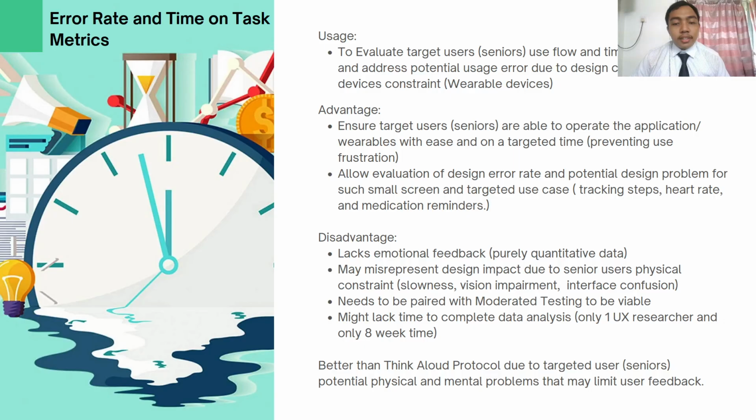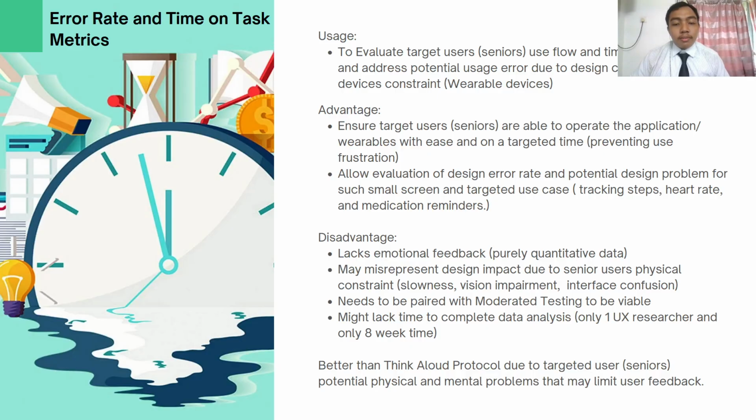The disadvantage is that it lacks emotional feedback because the data we get is purely quantitative, from the error rate and time. It also may misrepresent design impact due to senior users' physical constraints, slowness, vision impairment, and interface confusion. It also needs to be paired with moderated testing to be viable, and we might lack time to complete the full data analysis with only one UX researcher and only 8 weeks.